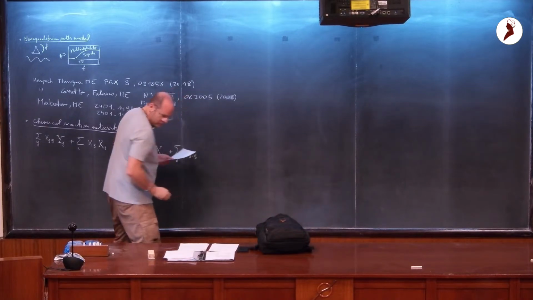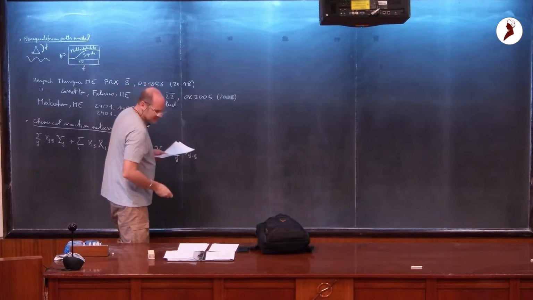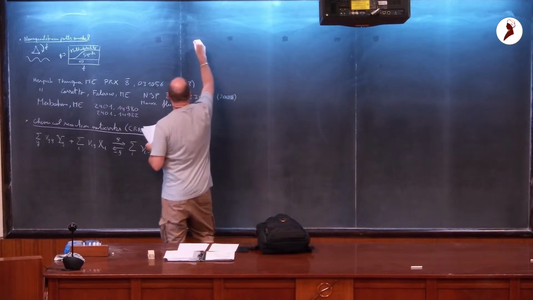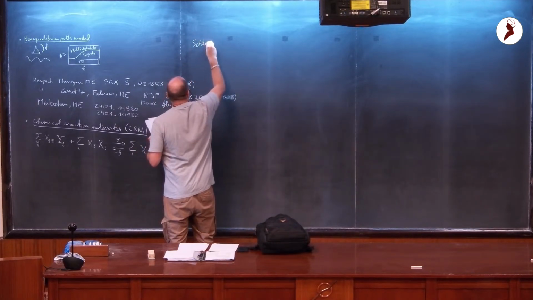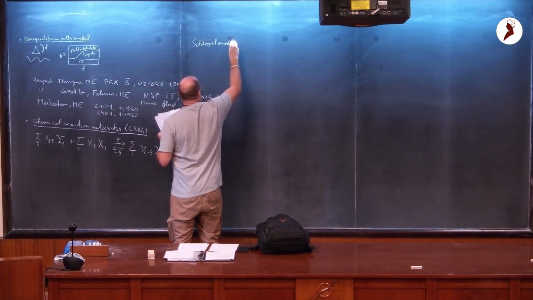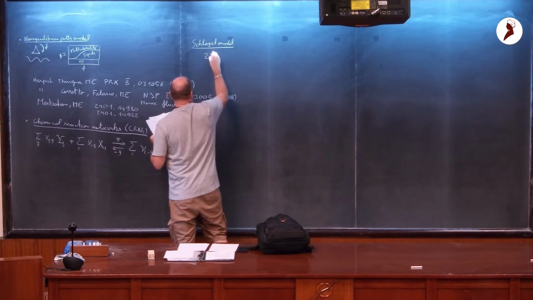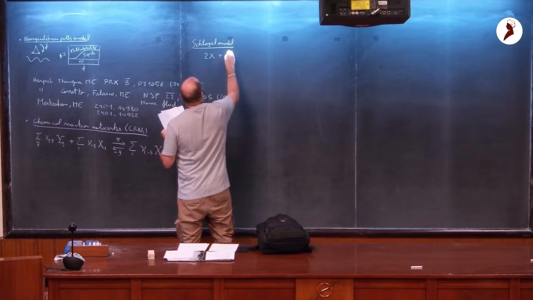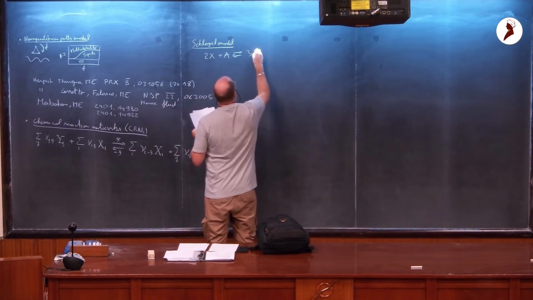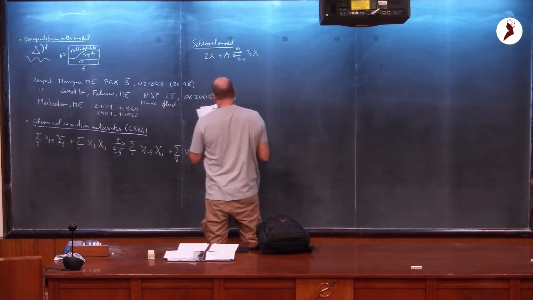So maybe we can right away give the example. This is really a toy model, but it is popular in the physics community. It's the Schlögl model. It's like this: 2X plus A gives 3X with rates k1, k minus 1.